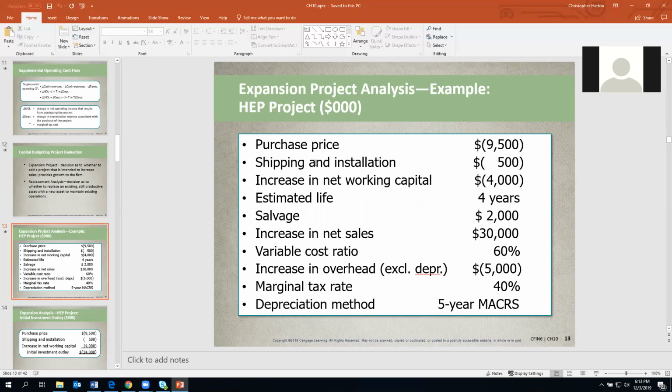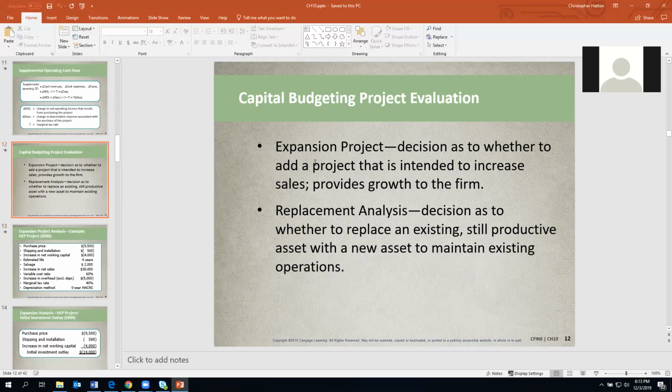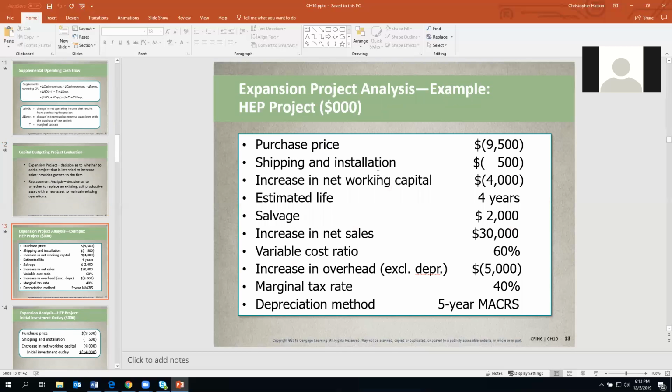Purchase, so this would be an expansion. So this expansion project example. So we have the HEP project with a purchase price of 9,500, but if you see, this means thousands. So if there's 9,500 thousands, that's 9.5 million. All right. And then shipping and installation costs 500.